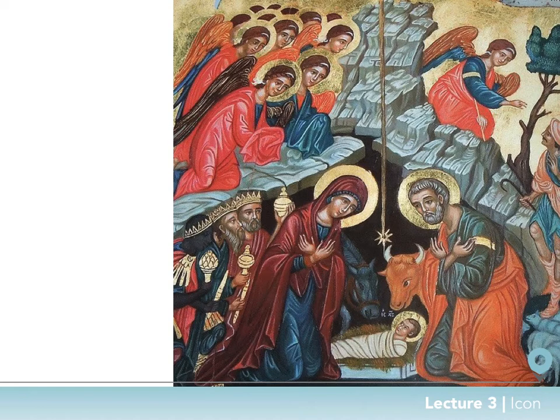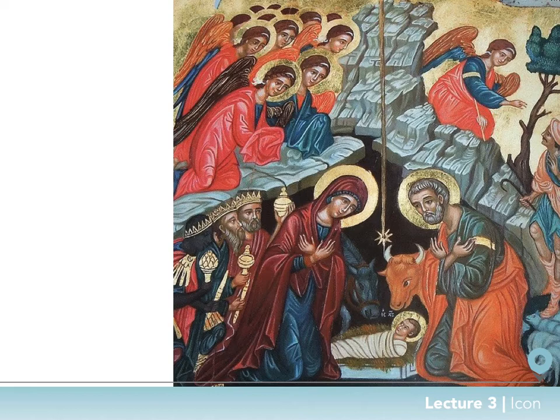The term icon comes from the Greek word eikona, which simply means image. Here it describes a religious picture, often done on wooden panels. The Byzantine iconography is the oldest and only Christian art form survived unchanged for the past 2,000 years.